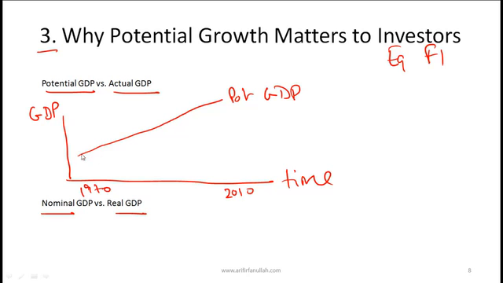The actual GDP at any point in time will be above or below potential. So there will be times when the economy is booming. So here the actual GDP is greater than potential GDP. There will be times when the actual GDP is equal to potential GDP, and then there will be times such as this point here where the actual GDP is below potential.